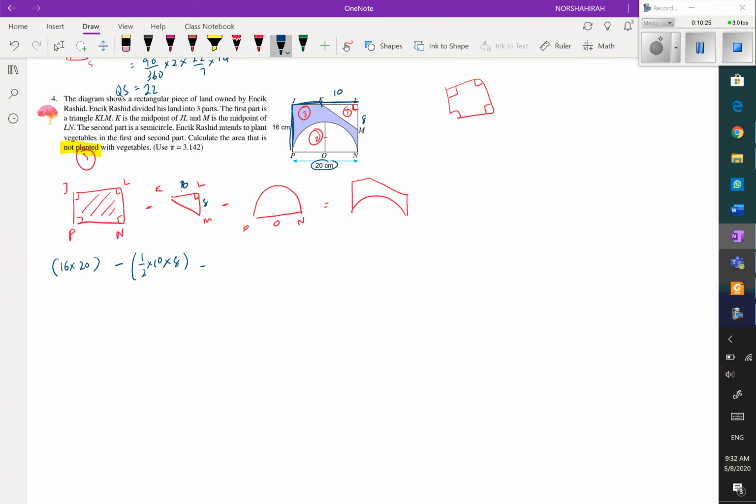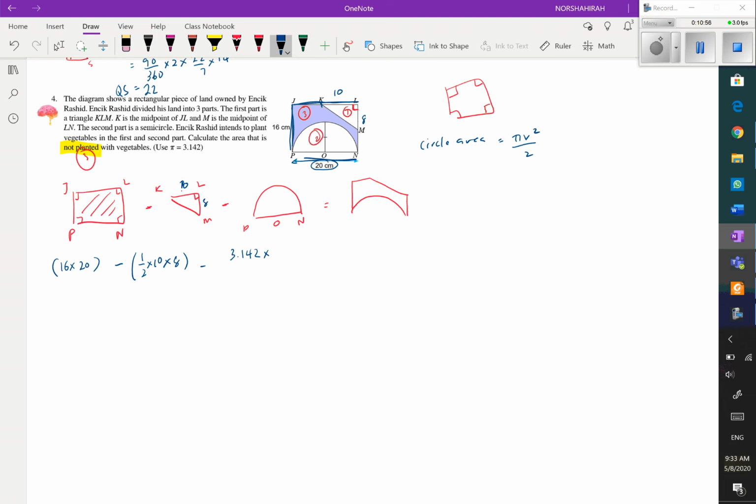Okay, now tolak dengan semicircle. Kita tahu area of circle adalah pi r kuasa 2. But now you have semicircle, is pi r kuasa 2 divided by 2. Maksudnya satu circle kita bahagi 2, dapatlah separuh. So what is your pi? Pi you have to use 3.142 multiplied by r. 20 ni apa?